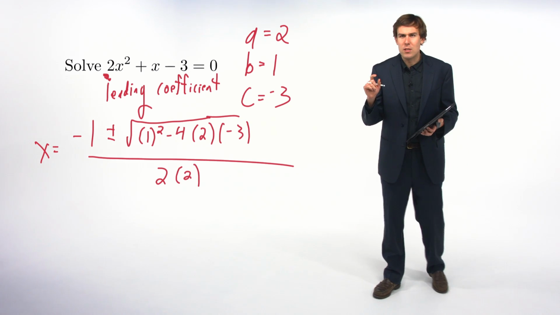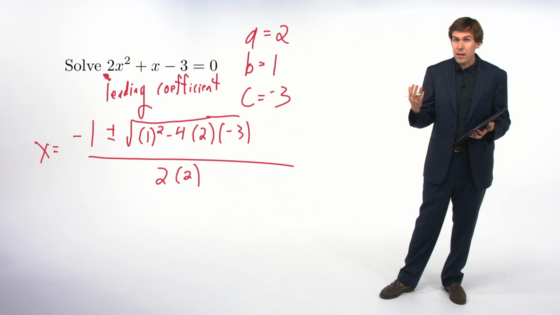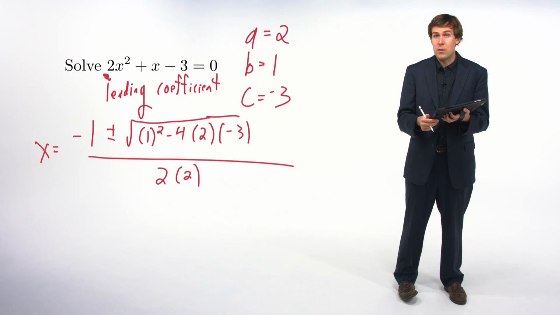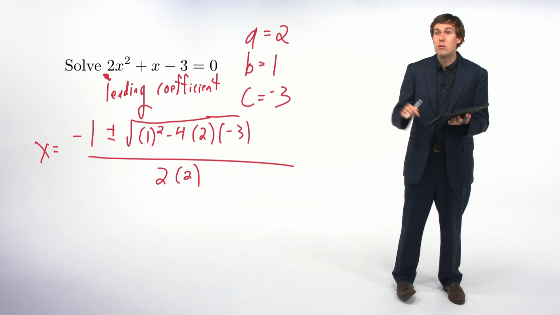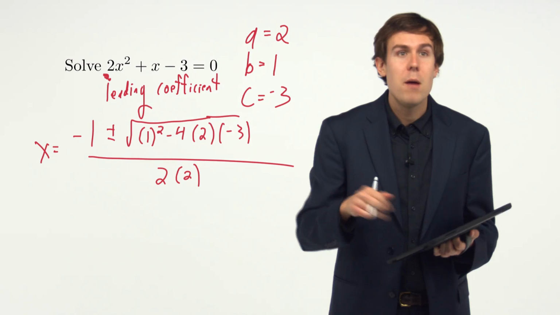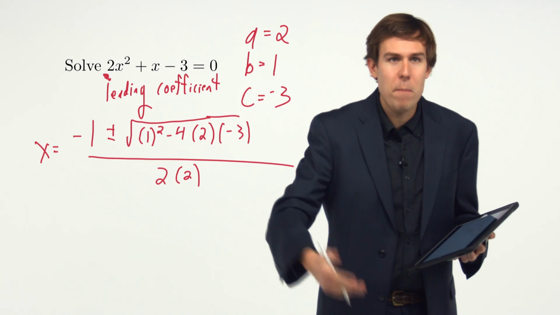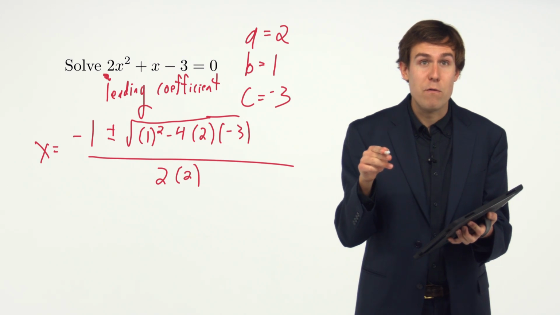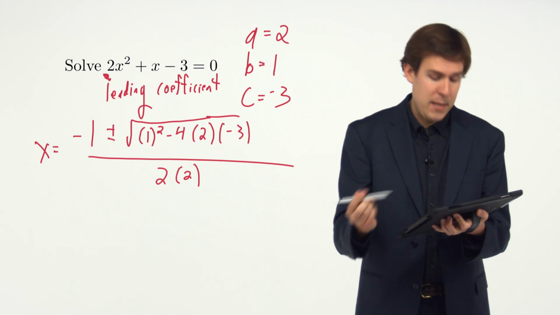So a lot of times these polynomials are what you would call monic, which means that the leading coefficient is 1. In this case, it's not. So you do have to do something in the denominator. It's not 2 times 1, it's 2 times 2. But now we're going to do the same thing as before. We are going to simplify each of the individual pieces in the formula and see what pops out.